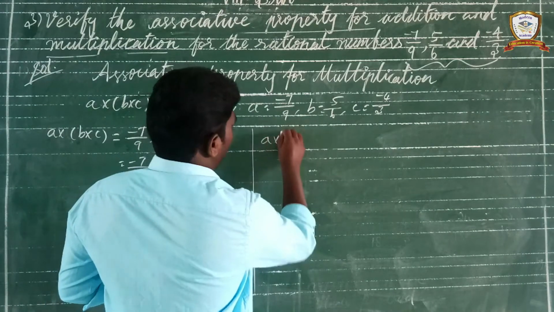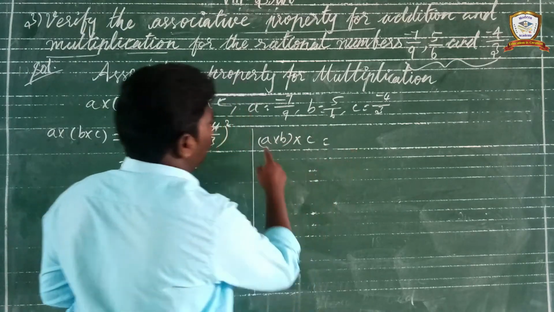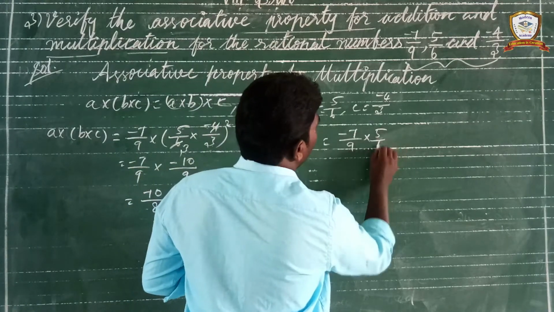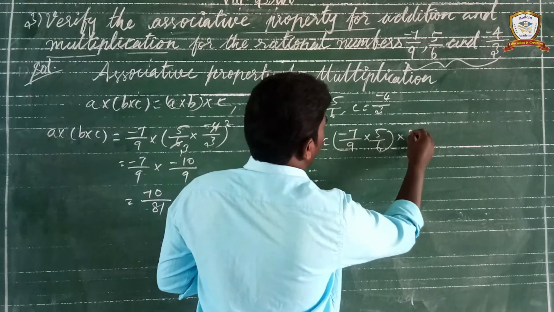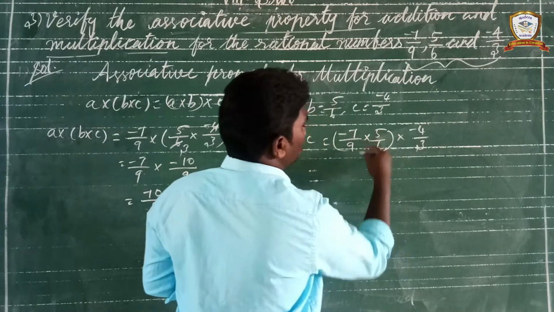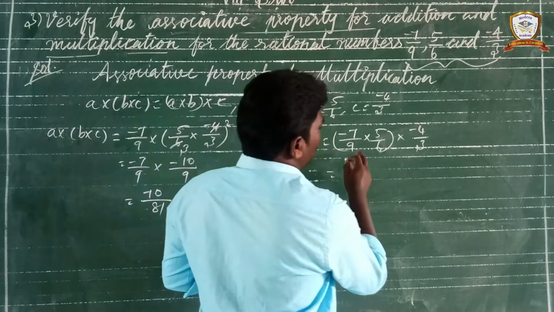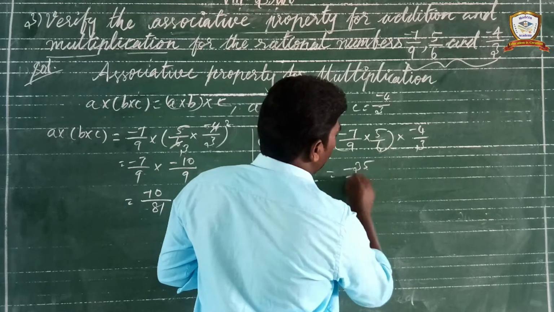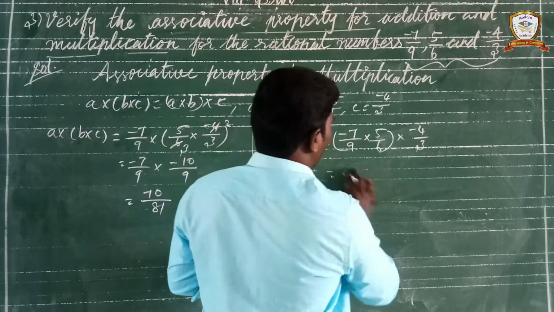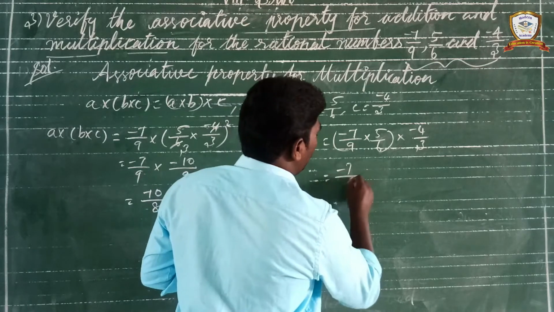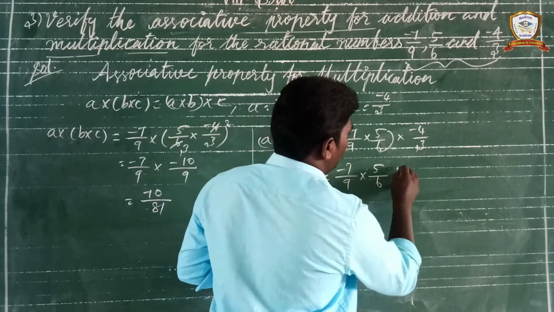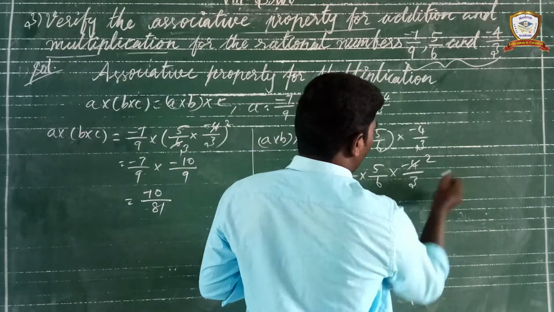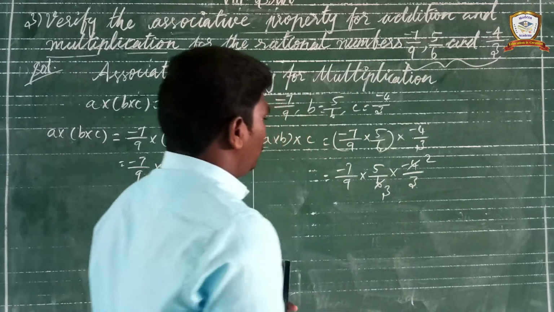The next one: A into B into C is equal to A, here minus 7 by 9, into B, 5 by 6, into C, minus 4 by 3. Here do any cancellations exist? No. So we just multiply: minus 7 by 9 into 5 by 6 into minus 4 by 3. 2 2s are 4, 3 2s are 6.